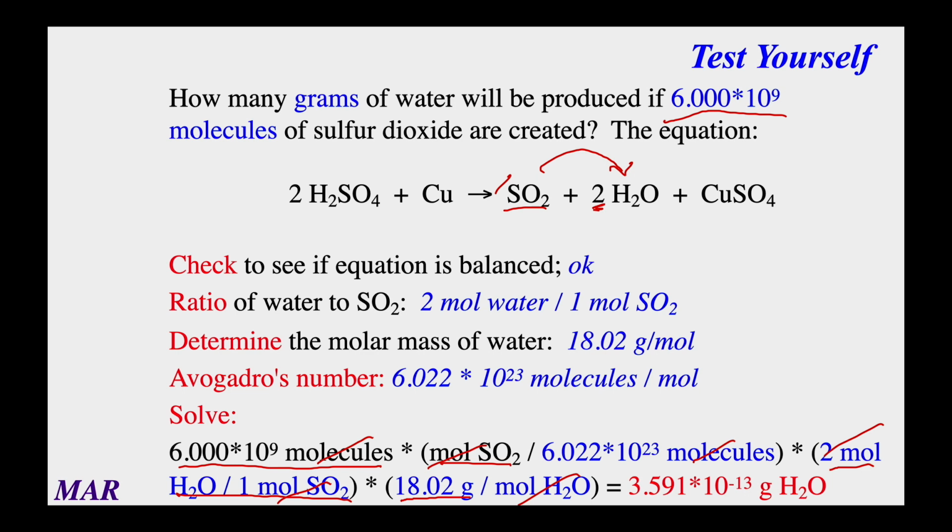So you'd go divide parentheses 6.022 times 10 to the 23rd. Your call. Then I would multiply by 2. I would multiply by 18.02, and I should get out that answer right there. If you're not getting that answer, please take a screenshot of what you're doing and send it to me by email, and I'll look it over and maybe I've got some suggestions as to how you can get that.